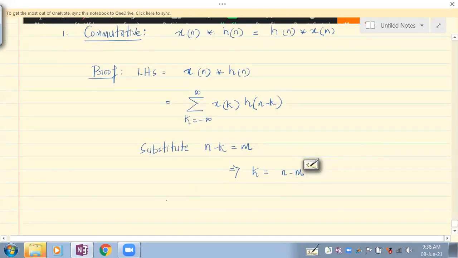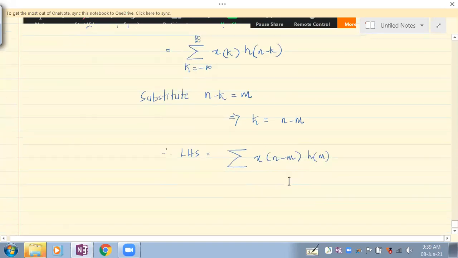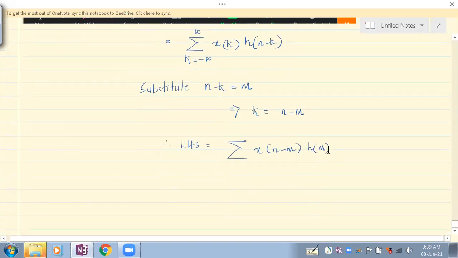Now, therefore our LHS would be given as summation. Let's not take what runs from minus infinity to plus infinity to begin with. So it's x of n minus m and h of m. Is this understood? Now, since this is a product of these two, the product can be interchanged, isn't it? So I can write this as h of m into x of n minus m.